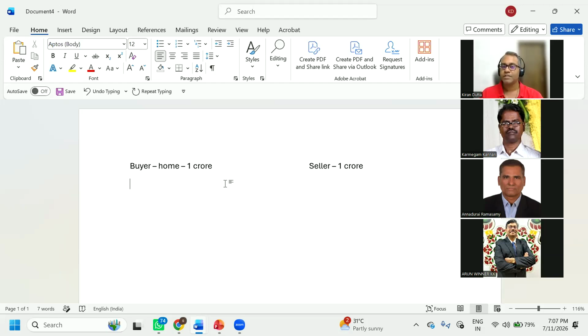I want to understand how the price of this particular home will go, in the sense that in the coming days, whether that 1 crore will become 1.2 crore, 1.3 crore or 1.4 crore, or whether it will become 95 lakhs, 90 lakhs, 85 lakhs, and so on. In this case, I will make a contract with the seller. I will go and say, hey, you know what?